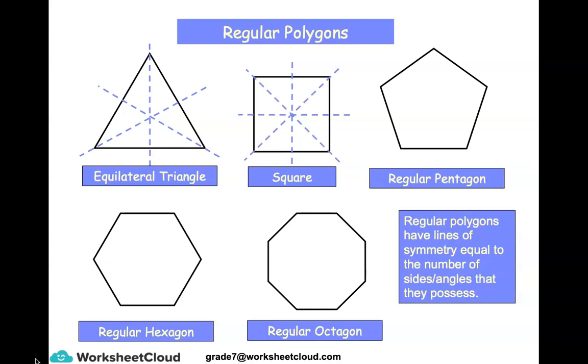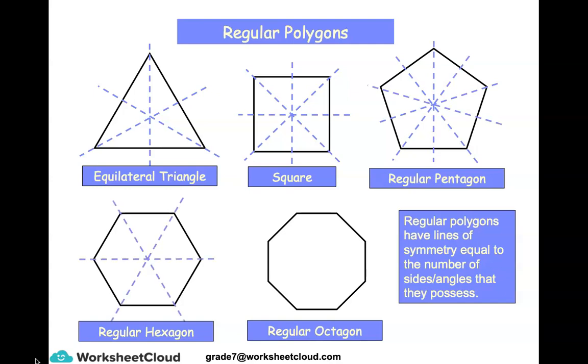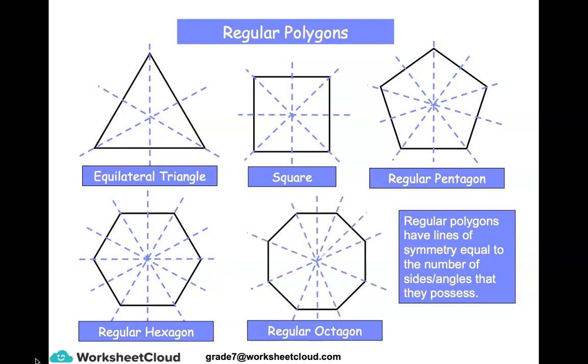The pentagon has 5 equal sides and angles, so it has 5 lines of symmetry. The same with the hexagon, 6 sides, 6 lines of symmetry, and the octagon, 8 sides and 8 lines of symmetry. Again, this should be a recap from previous years' work.